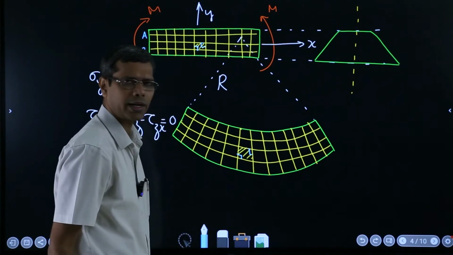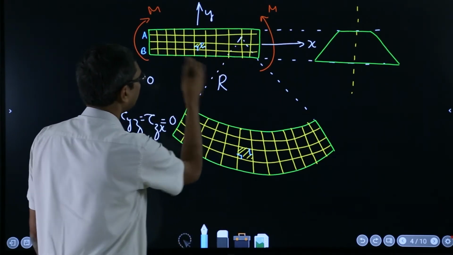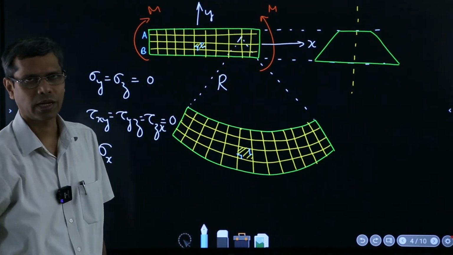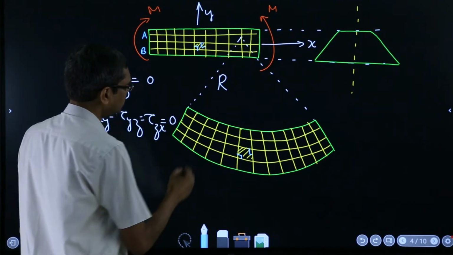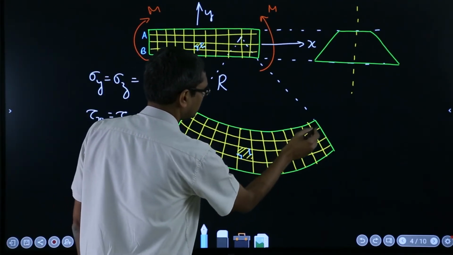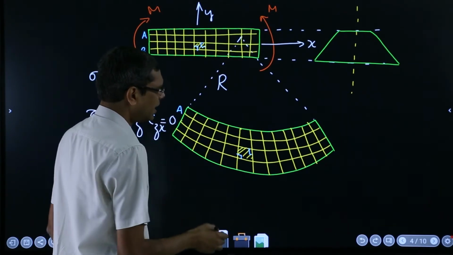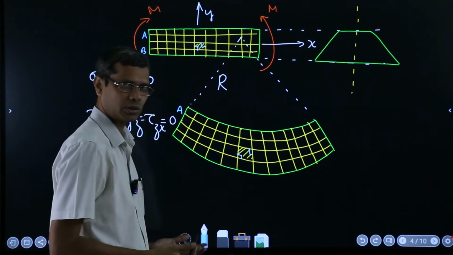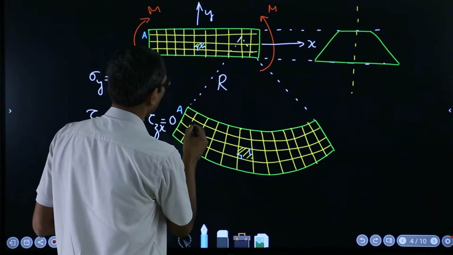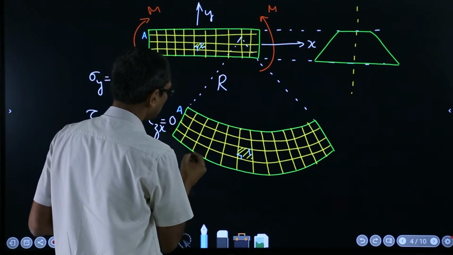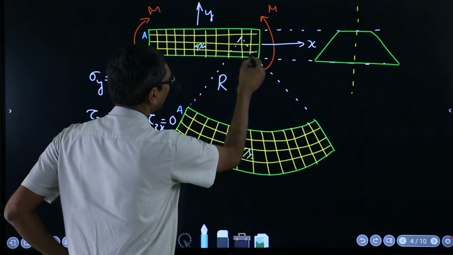Before we applied the moment, the length of each fiber was the same, the length of the beam. But now you see the length of the fiber here has reduced because the radius here is smaller than the radius here, but the angle is the same.